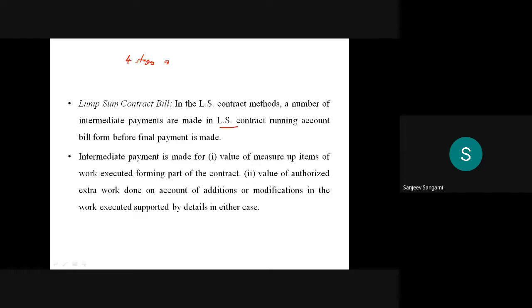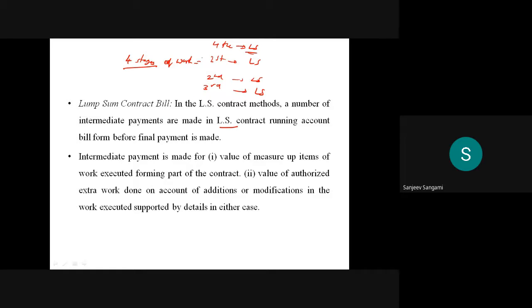First stage lump sum it will be there. Second stage also lump sum it has to be given. Third stage lump sum it will be given. Then fourth stage lump sum will be given.